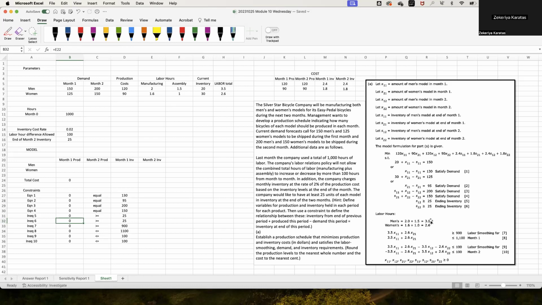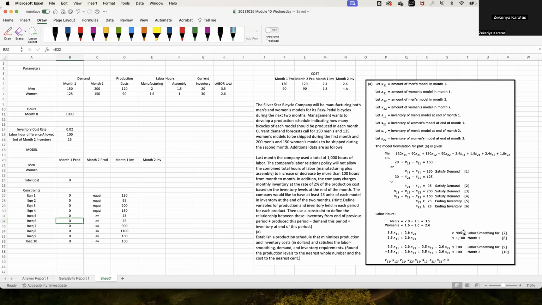3.5 hours is just per bike, and X11 is the production in the first month, and X21 is the production in the first month for women's bike. As you see, 3.5 times X11 is the number of hours spent on production for a men's bike in the first month, and 2.6 times X21 is the number of hours spent for production of women's bike in the first month.